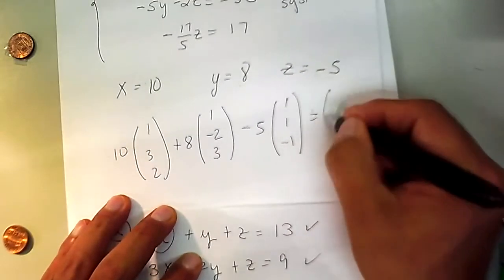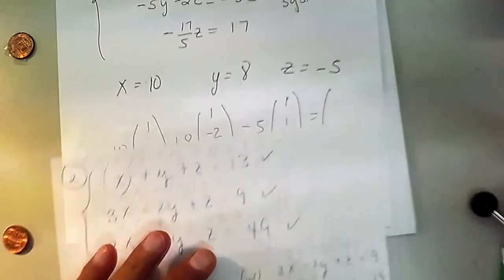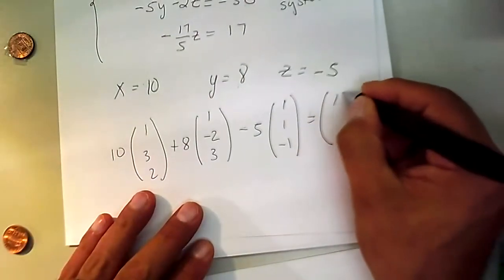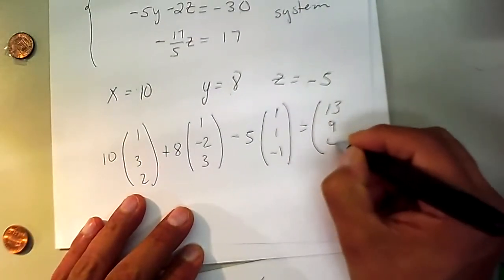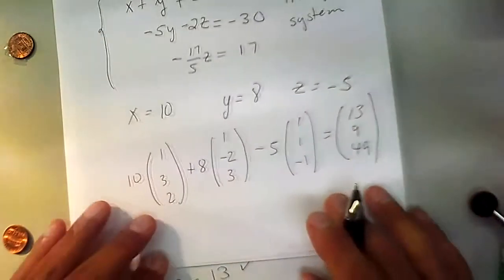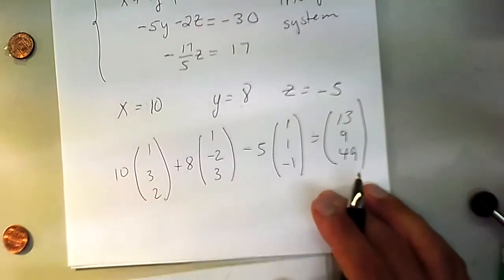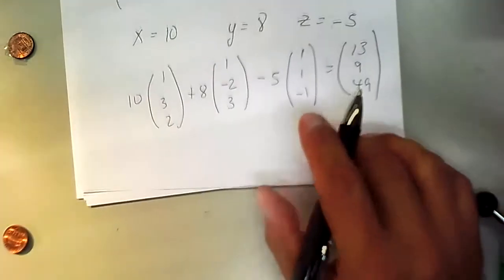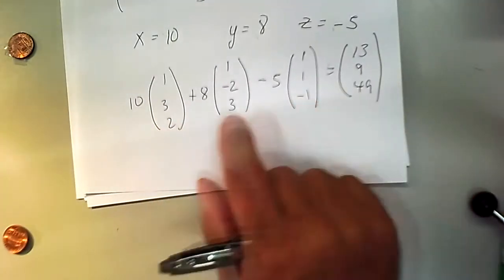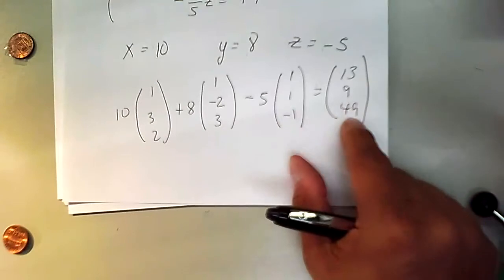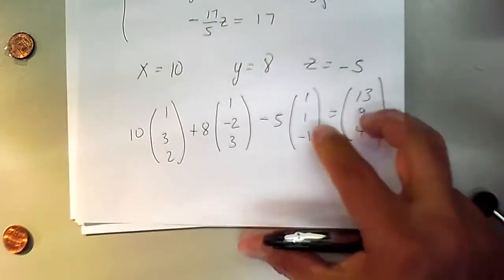That is equal to the vector 13, 9, 49. So solving the system of equations is equivalent to finding the linear combination of those 3 vectors that yield this vector.